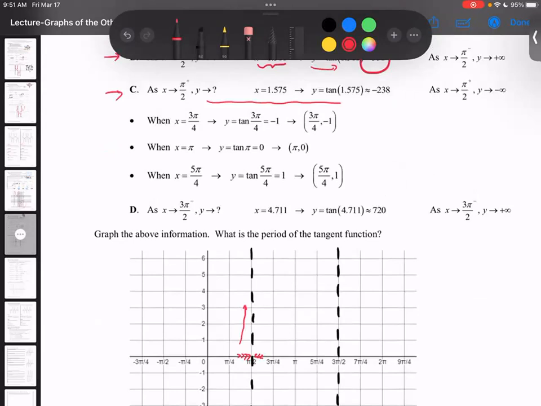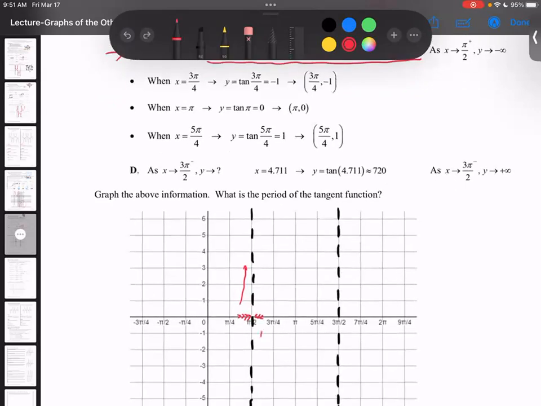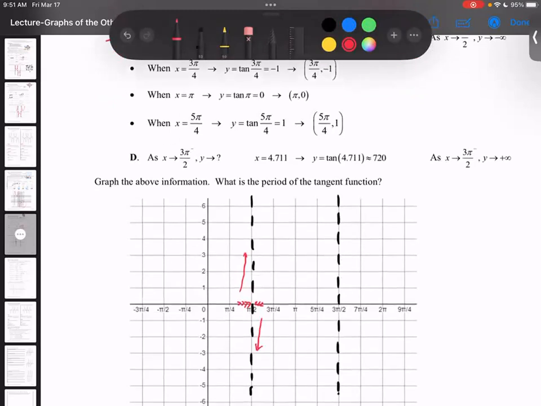Similar approach, pi half from the right, y approaches negative infinity. Let's do all the ones around the vertical asymptote first. We'll talk about these little blue guys later.